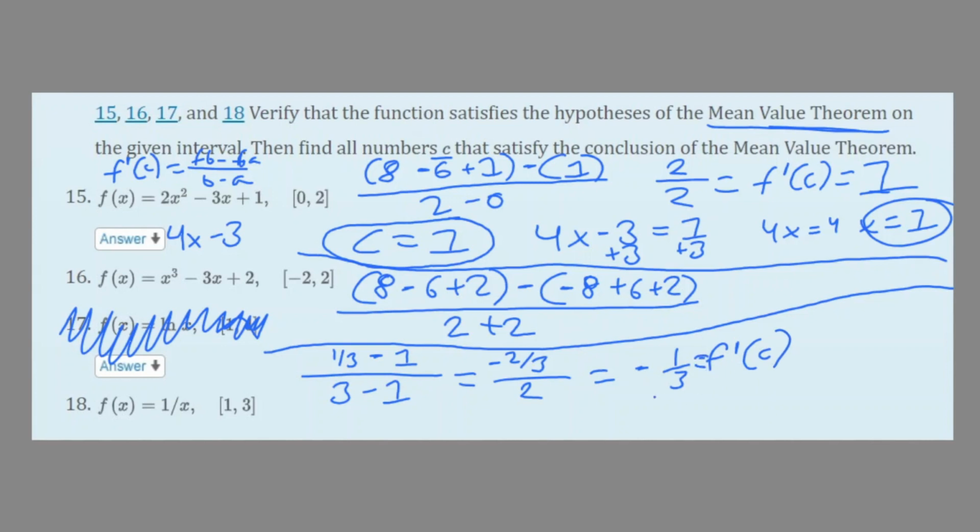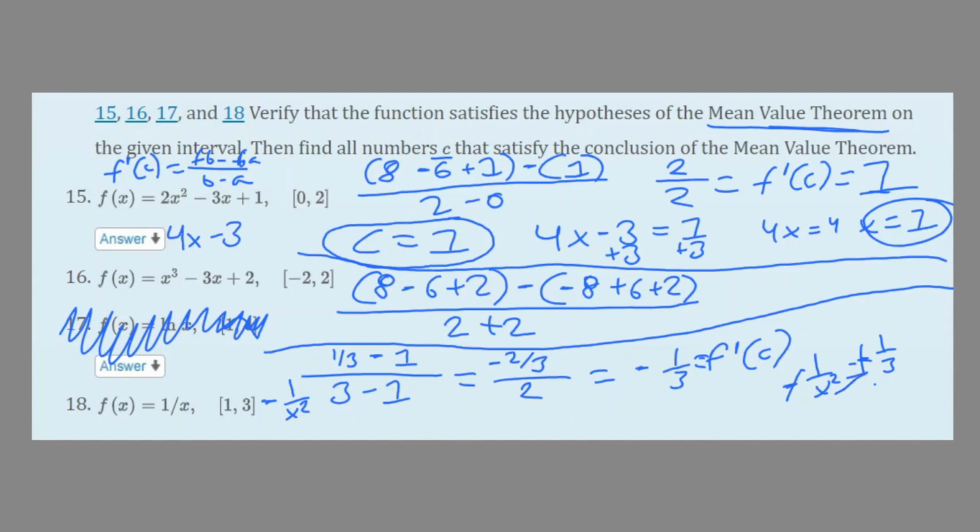And now what we have to do is find the derivative of 1 over x and then set it equal to f prime of c to find the c values. So we know the derivative of 1 over x is going to be negative 1 over x squared. So all we need to do is just set them equal to each other. Negative 1 over x squared equals negative 1 over 3. And we cross out the negative signs.